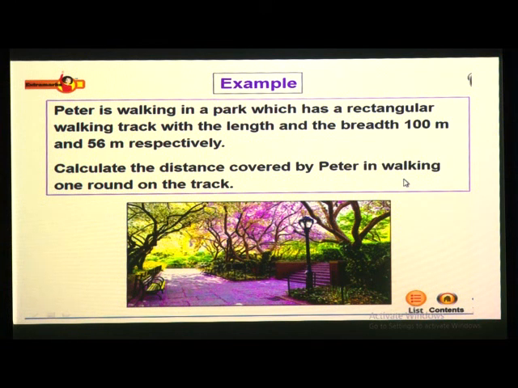So, the park is in the shape of a rectangle and we have the length 100 meter and the breadth 56 meter. Can we use the formula 2 into (L plus B) to find the perimeter of this rectangular walking track? Yes, we can use the formula.